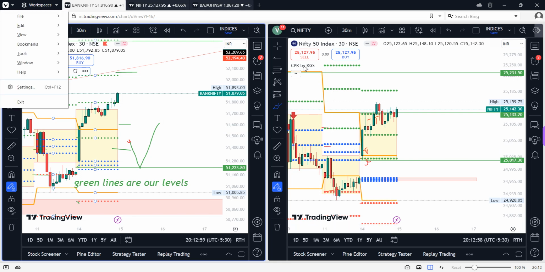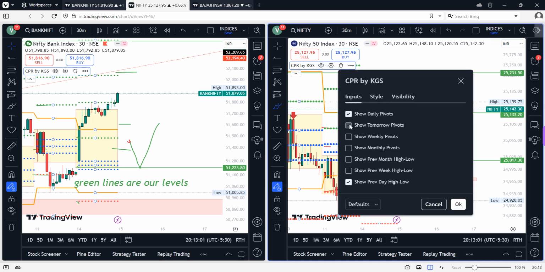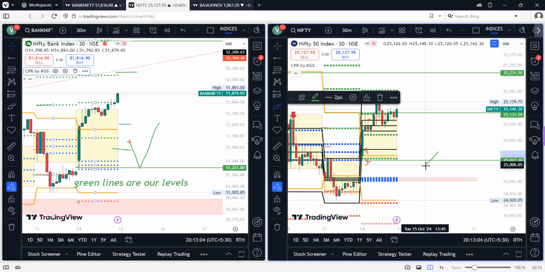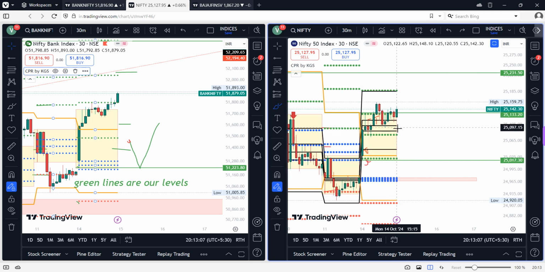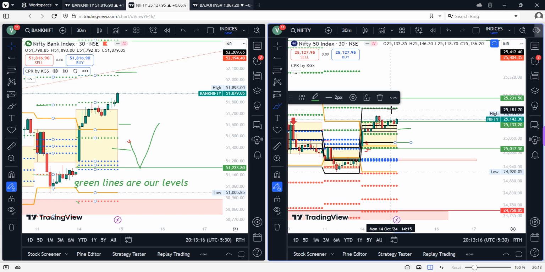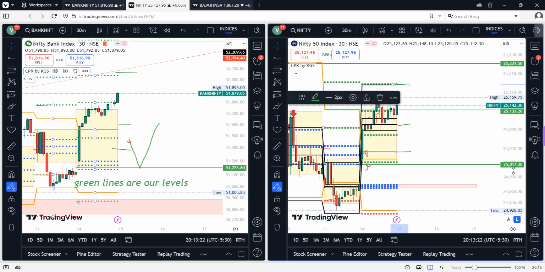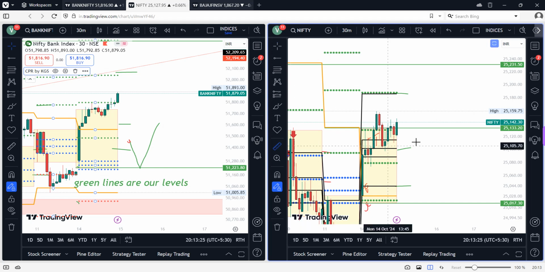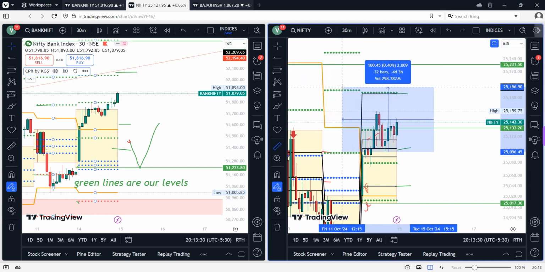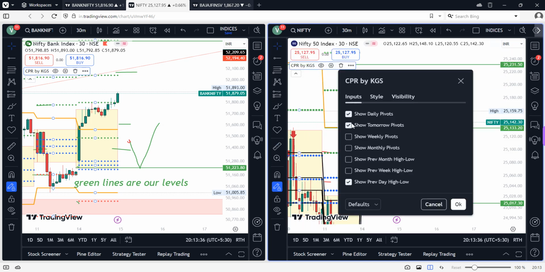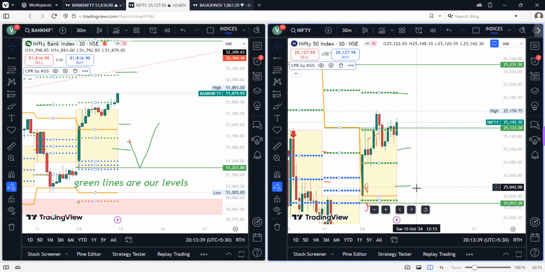So let's go to Nifty analysis. The trend in Bank Nifty is definitely an uptrend. Let me process the information and tell you what the expectation for tomorrow is.